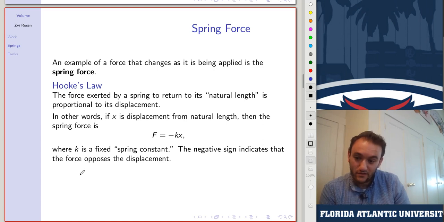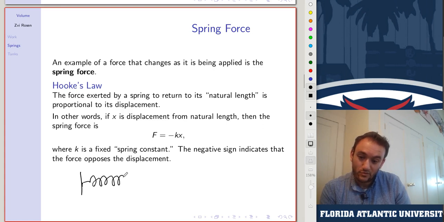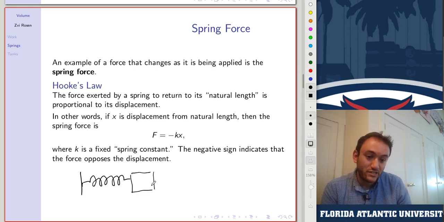So if we have some spring, and we'll put it horizontally so we don't have to take gravity into account. So we have some spring here. It's attached to some object. If the spring is not stretched at all, then we say it's at its natural length, okay?